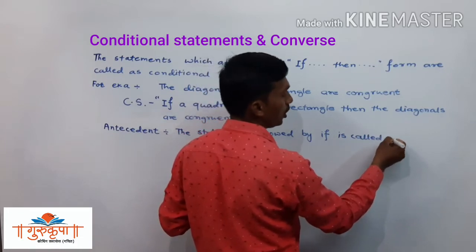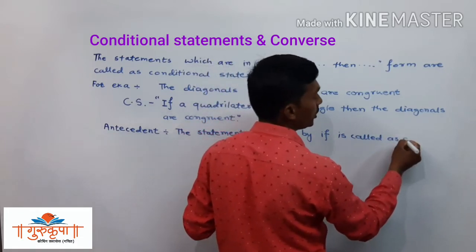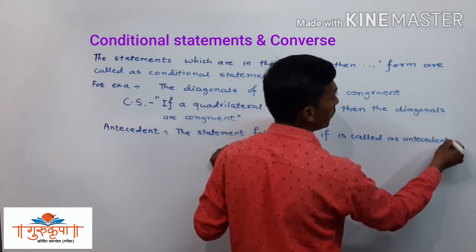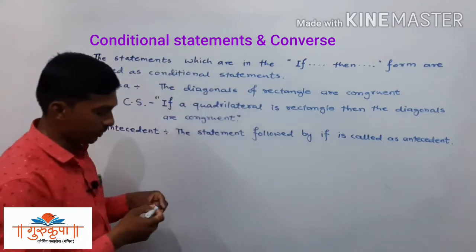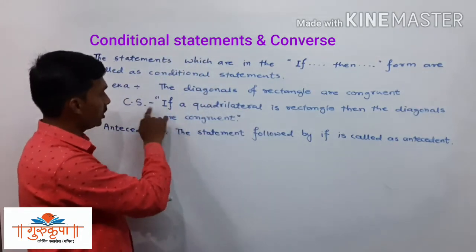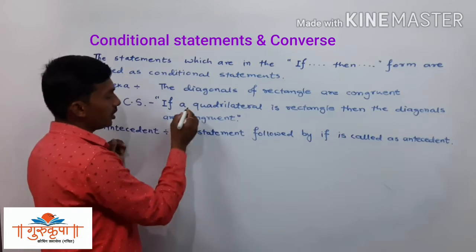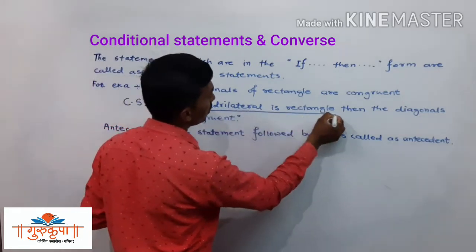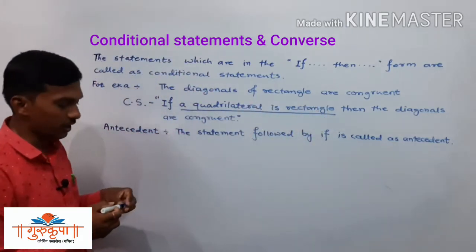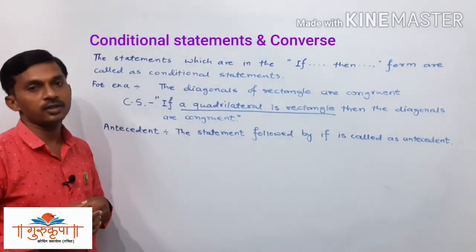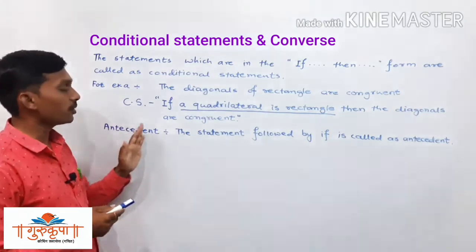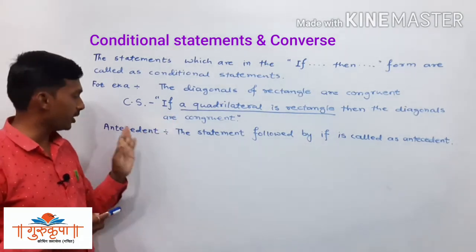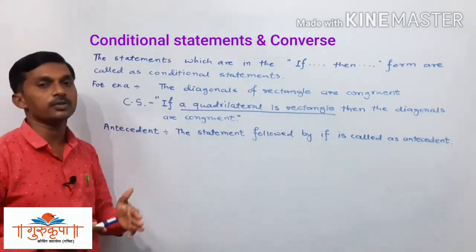See this conditional statement we have here, the part after if, that is called as antecedent. We can say it as given information also. Antecedent is nothing but the given information.